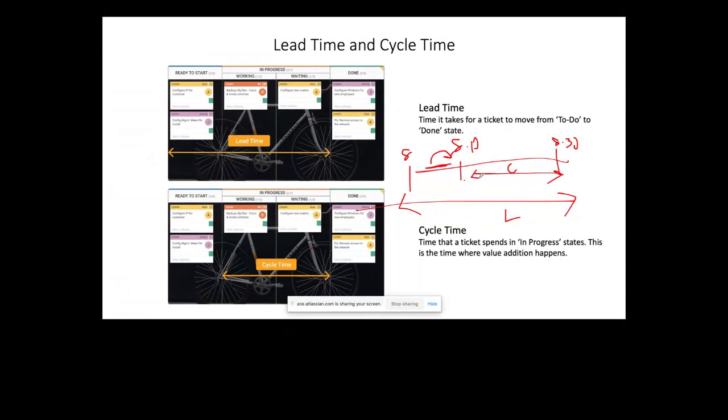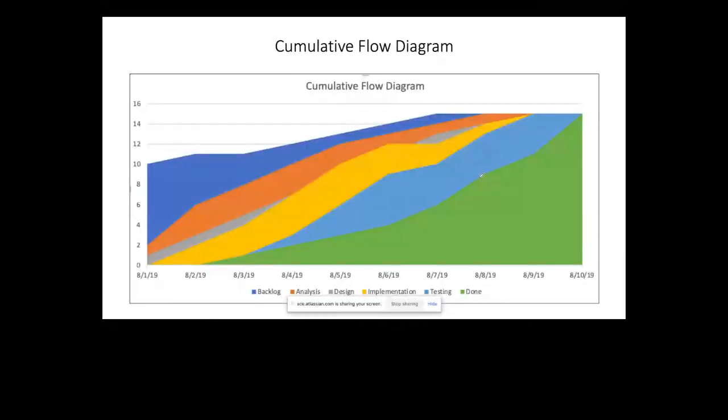Okay. Now, how can we see these two things in Jira, in Kanban, right? And how can we make use of this? So we have this thing called the cumulative flow diagram as well as the control chart. Unfortunately, I won't be able to show a proper control chart from my Jira instance.